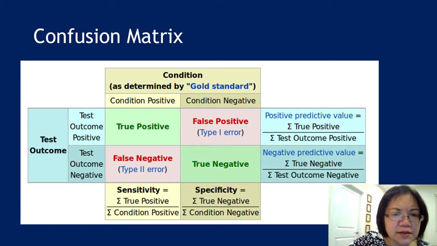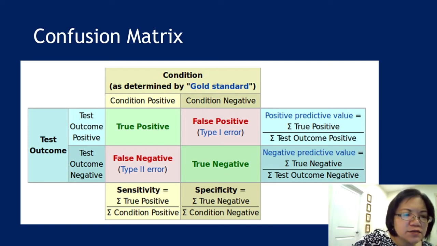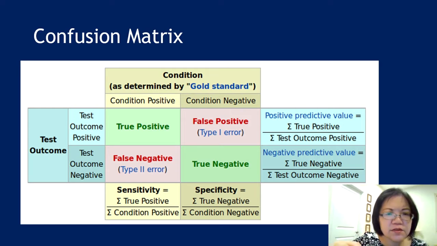Okay, so we have the positive and the negative, or ones and zeros, ones and negative ones, yeses or nos. This is our prediction. So these are the y hats, the test outcomes. The test outcome can also be positive and negative. Okay, so this is the actual answer, the correct answers.